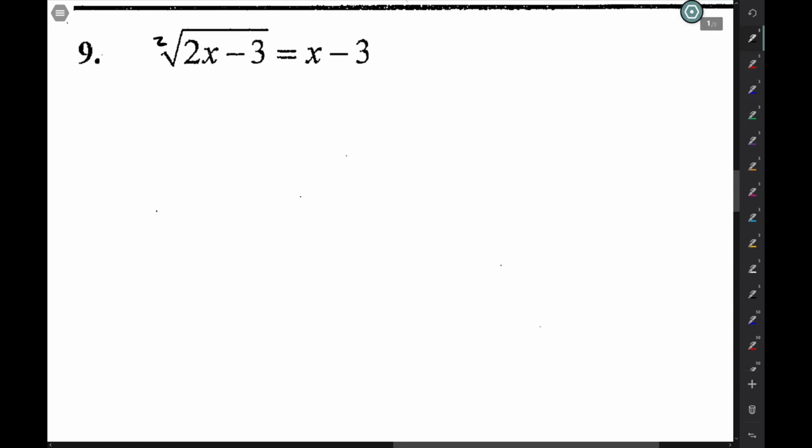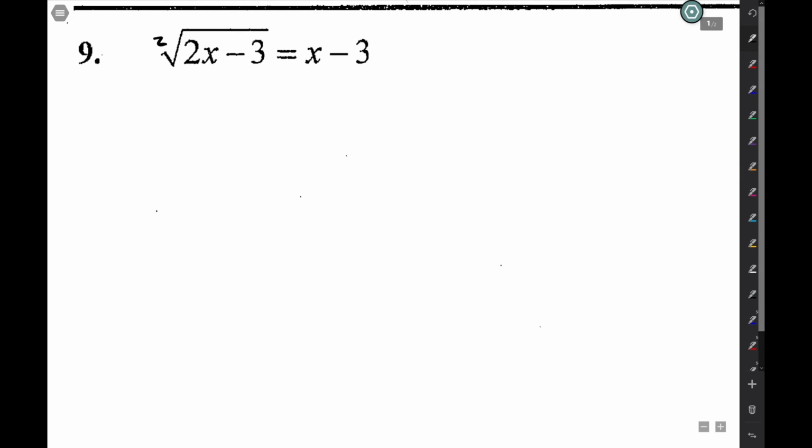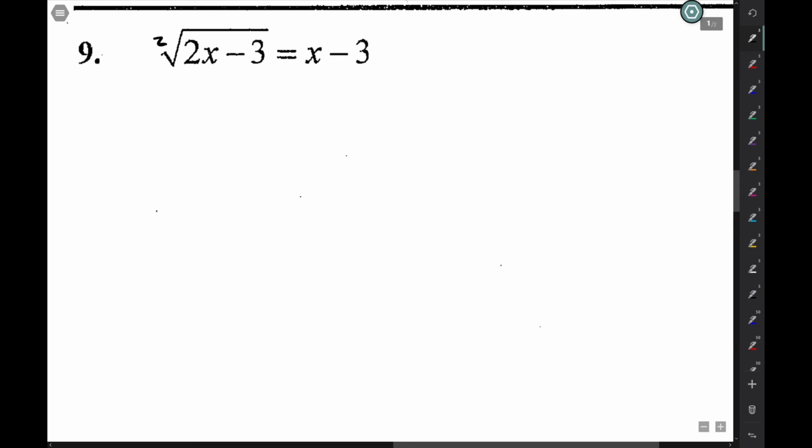Alright, so enough of that. Let's look at this. We have the principal root of 2x subtracted by 3, equal to x subtracted by 3. Now, if you do something like this to a square root, we'll go ahead and square that. Hopefully you see that it'll cancel out, but we have to do that to the other side.